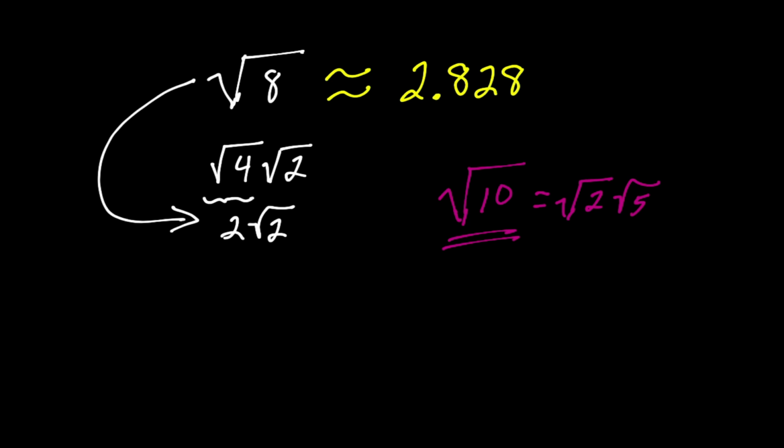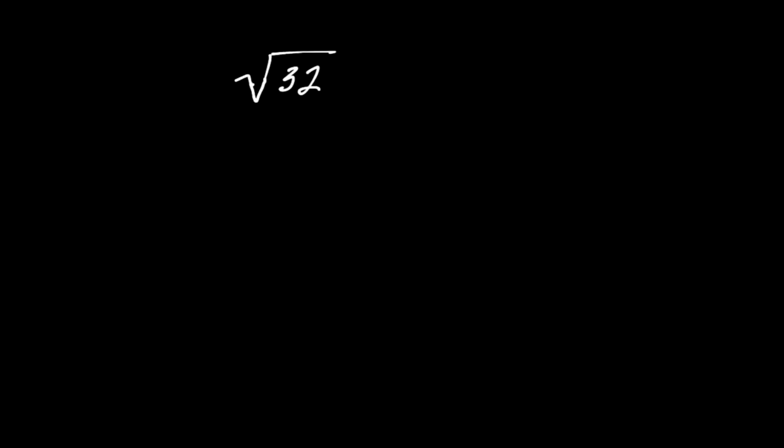All right, let me show you another example. All right, 32, that's a little bit bigger number than 8. So the square root of 32, let's see. What is a perfect square factor of 32? The biggest perfect square factor of 32 is 16 here.